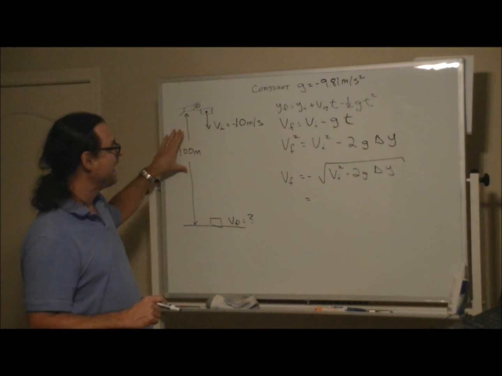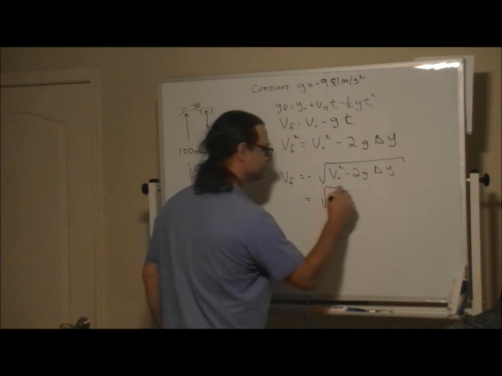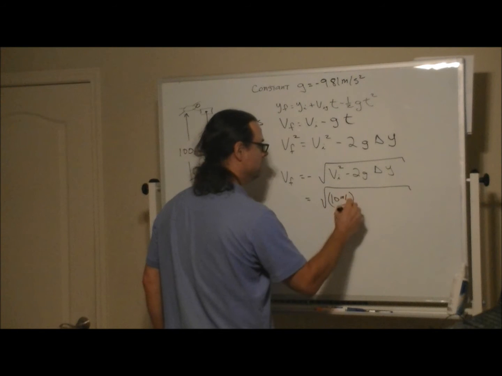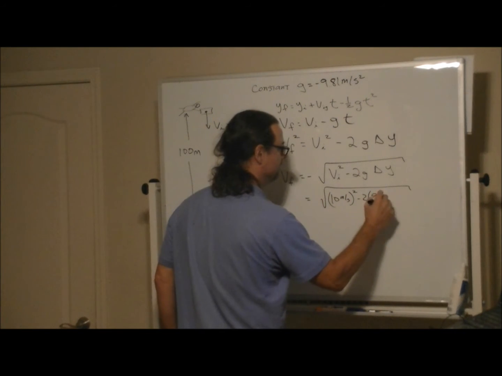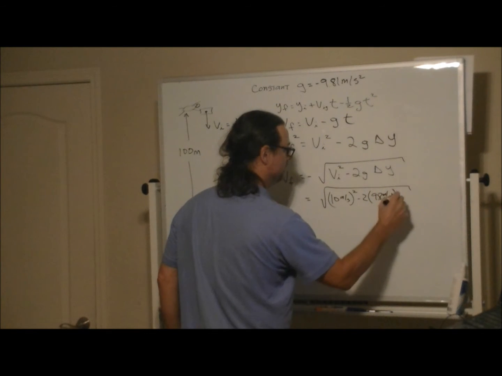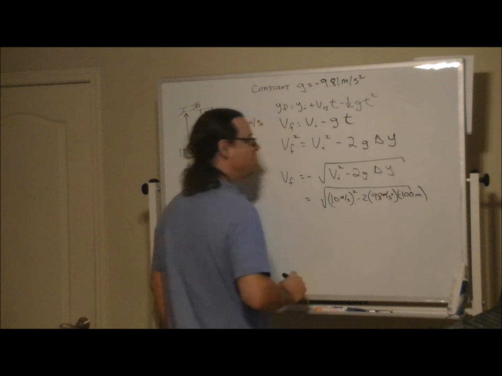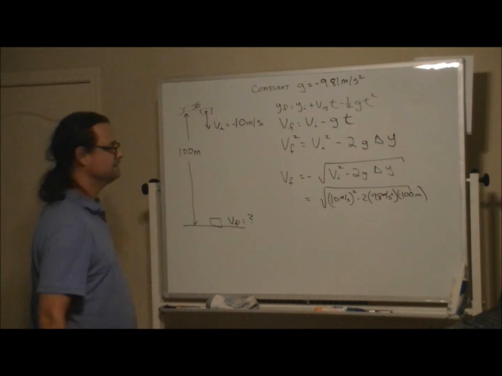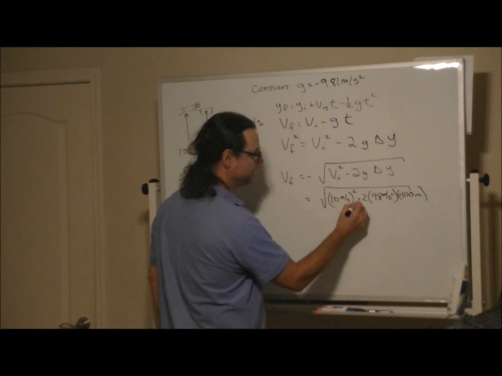The delta y, let's just go ahead and plug in 10 meters per second squared minus 2 times 9.8 meters per second squared times 100 meters, but it's negative 100 meters because you end at a lower place than you begin. So the negative and the negative cancels out.